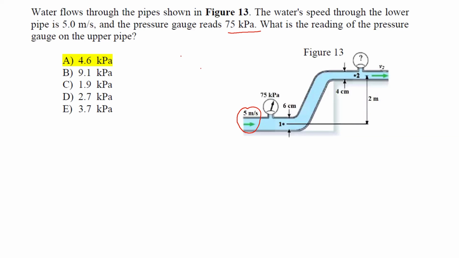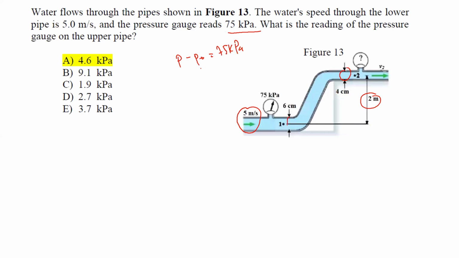Again, gauge pressure is the pressure of the liquid minus atmospheric pressure. And this is equal to 75 kilopascal. Good. And then at this end of the pipe, which is 2 meters higher than the first section, and which has a diameter basically of 4 centimeters.